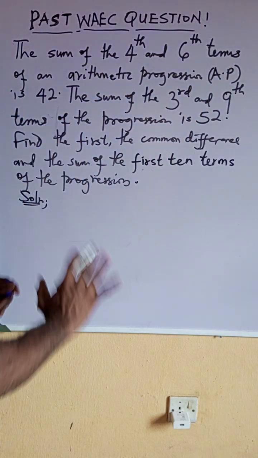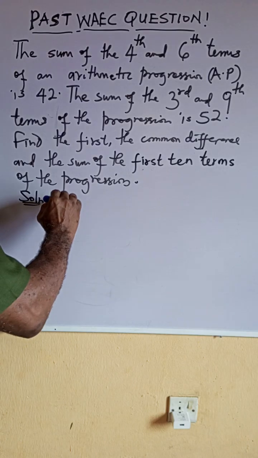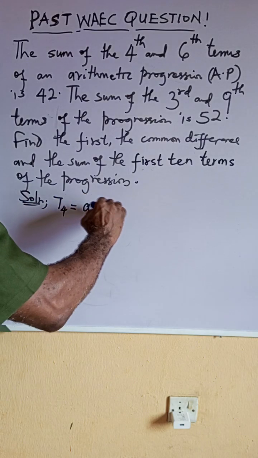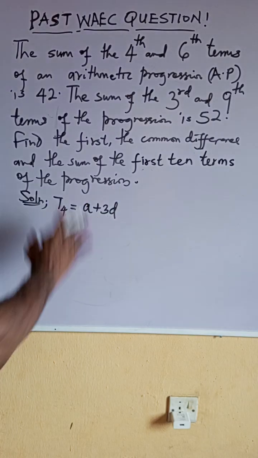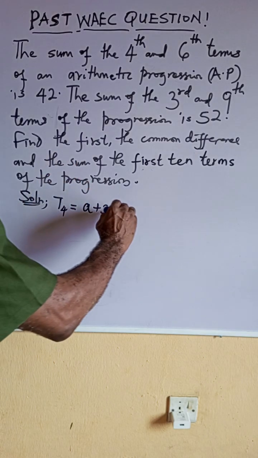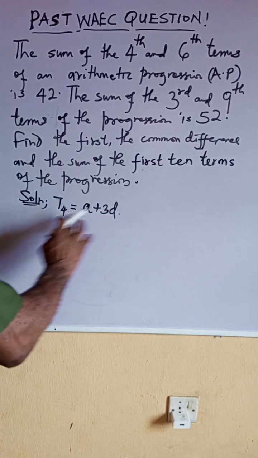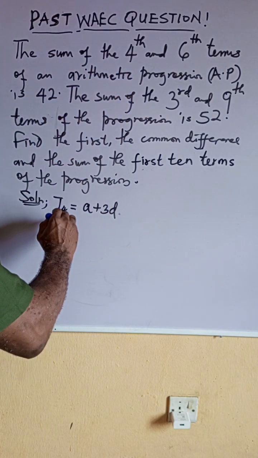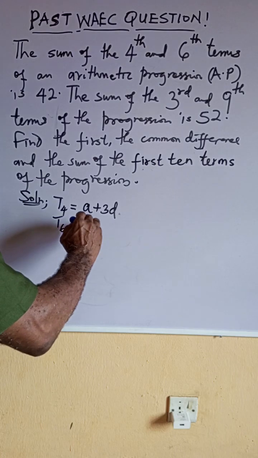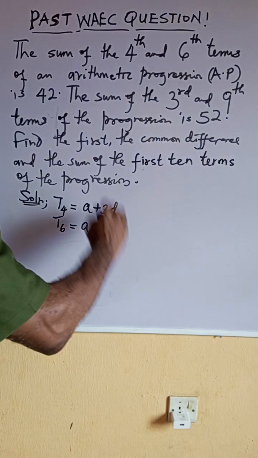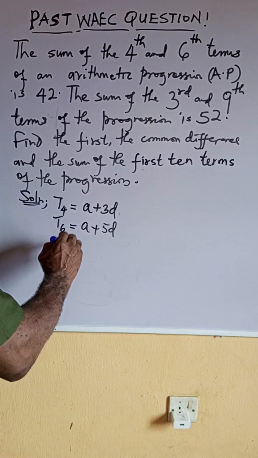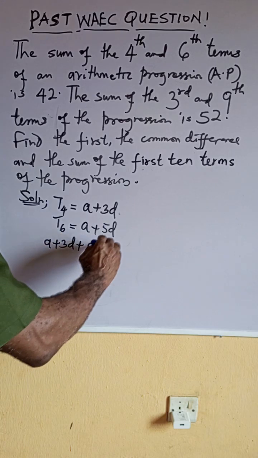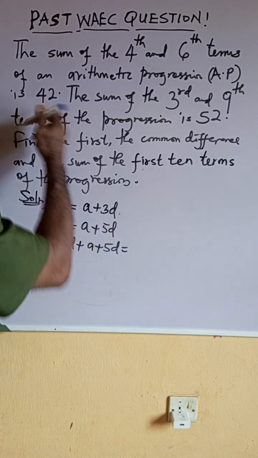From what I just explained, T sub 4 is equal to A plus 3D, the fourth term, and T sub 6 is equal to A plus 5D. Combining the two, we have A plus 3D plus A plus 5D equals 42.